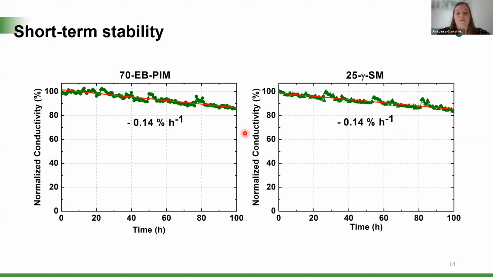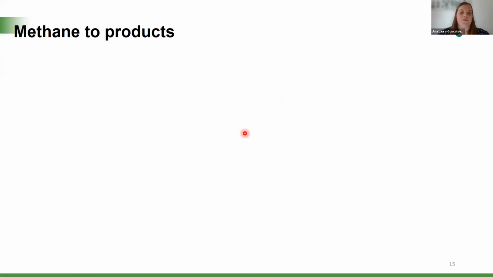We also did a short-term stability test of 100 hours, and basically the results show the same conductivity decay for both of them. So it seems that in the short term, the stability is not affected by the method, but we have to do long-term tests to check it.